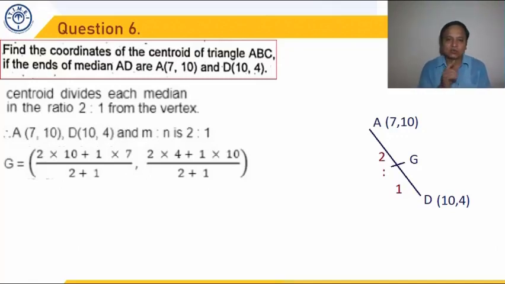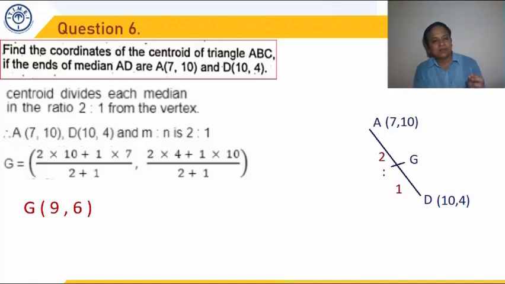So 2 into 10 is 20 plus 1 into 7, 7. 20 plus 7 is 27. Divided by the sum of the ratio, 3, 27 by 3 is 9. And 2 into 4 is 8 plus 1 into 10 is 10. 10 plus 8 is 18. 18 by the sum of the ratio 3 is 6. So we get the coordinates of the centroid as 9, 6.